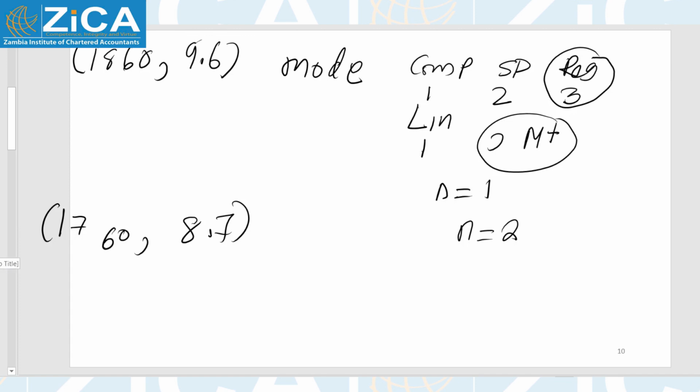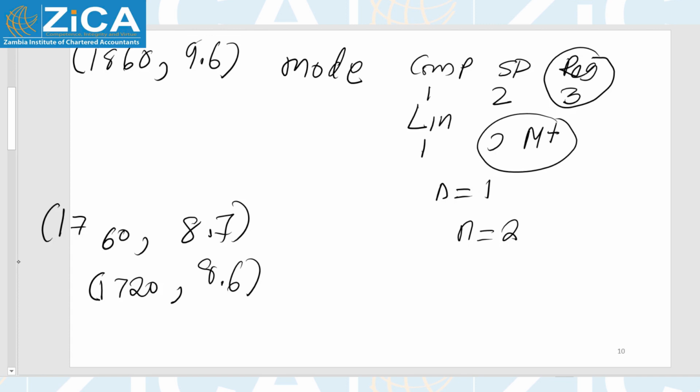You go again to 1720, comma 8.6, m plus, n equal to 3. Then you go to 1640, comma 7.9, m plus, n equal to 4.